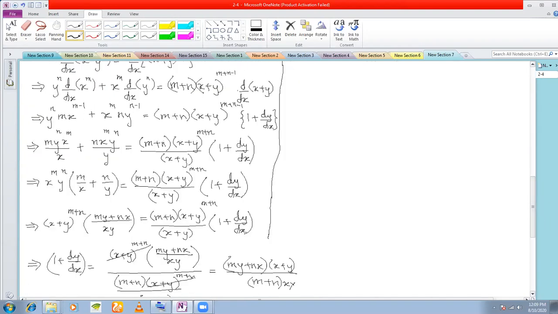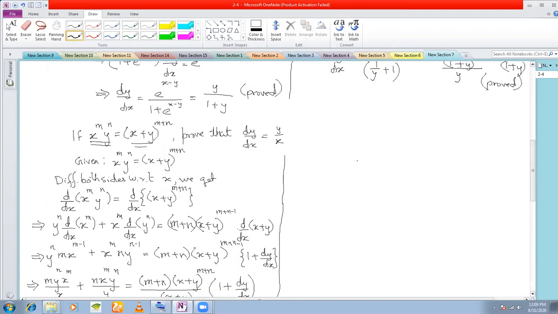Let us proceed with the logarithmic method. We'll come back to this. So given x to the power of m y to the power of n is equal to (x plus y) to the power of m plus n. Okay.